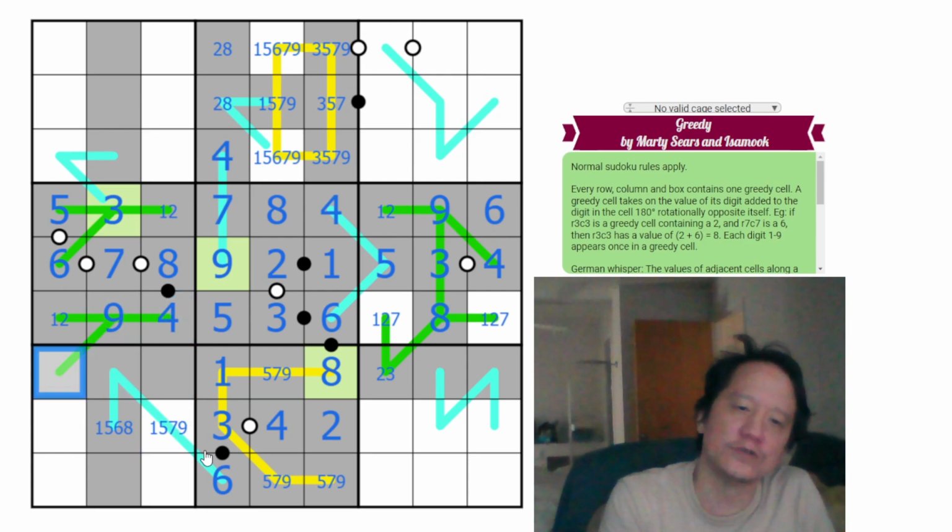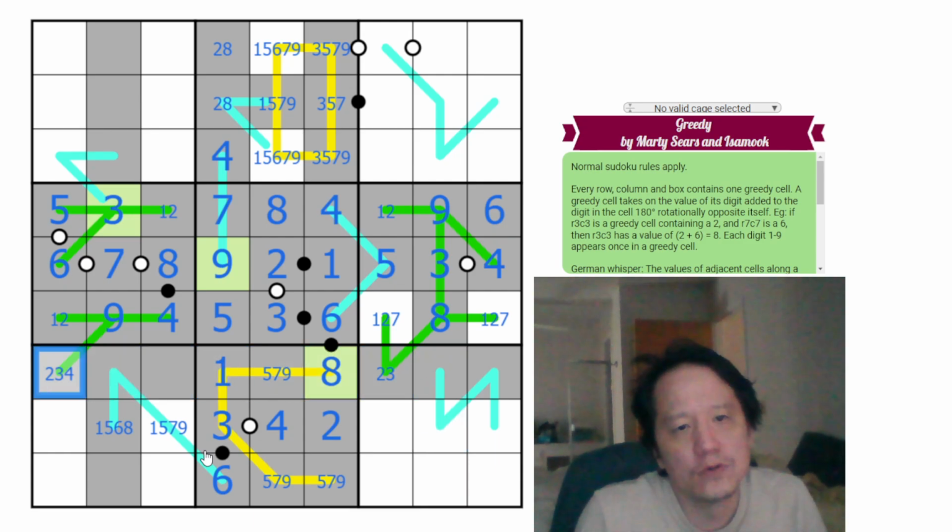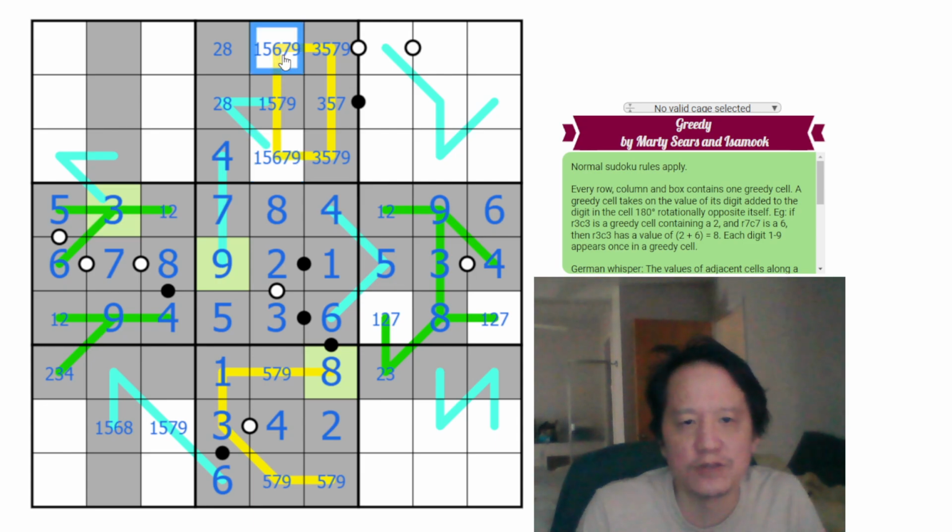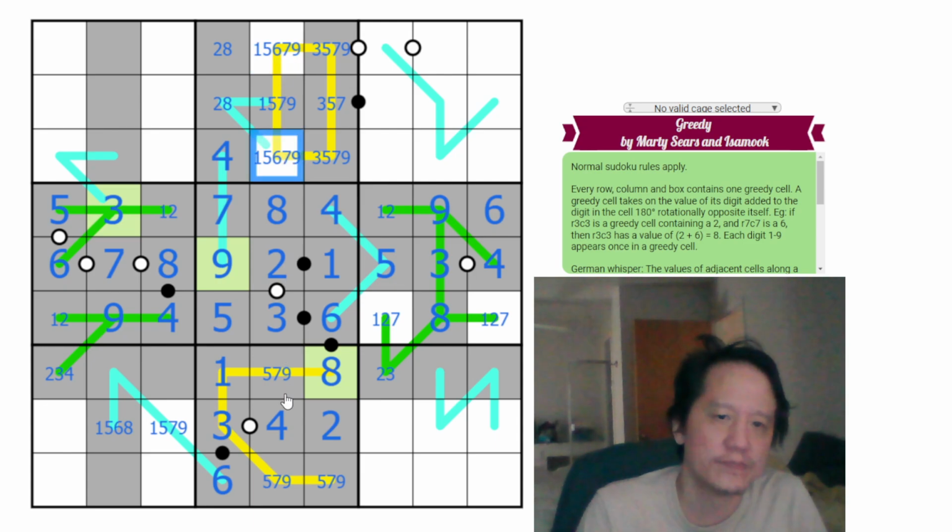Oh, this is also, so this is 2 through 4. The 6 has to be with a 7 or a 9, but it could be either one, so that's fine.